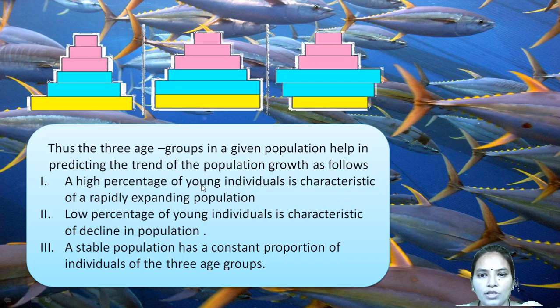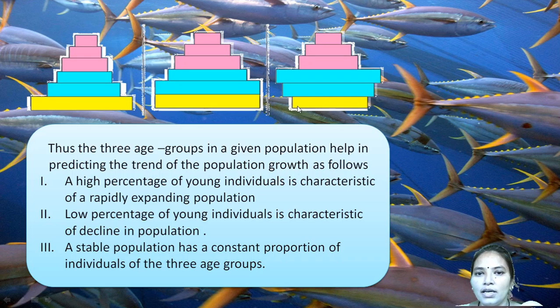A high percentage of young individuals is a characteristic of a rapidly expanding population. So we can see that a high growth rate or birth rate is an indicator of an expanding population, whereas a low percentage of young individuals is a characteristic of a declining population.